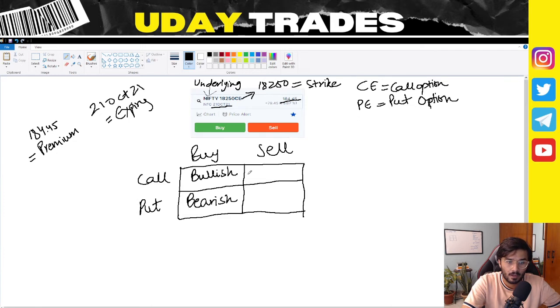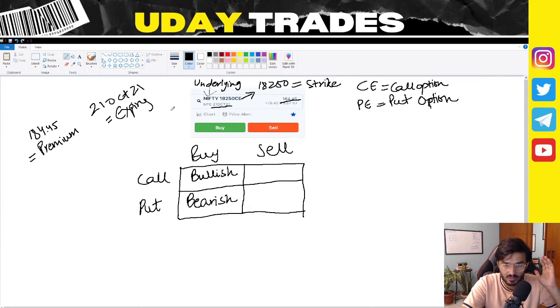profit when the market is sideways, because when the market goes sideways or is in a consolidation phase, the premium starts decaying as the contract comes close to expiry, the 21st October.